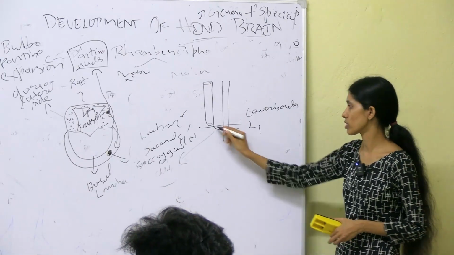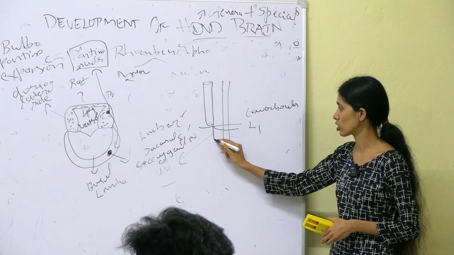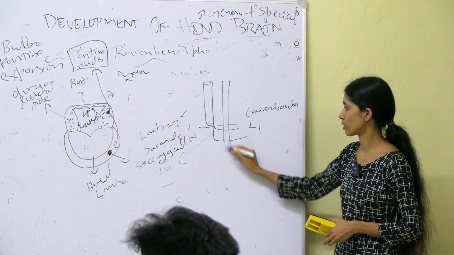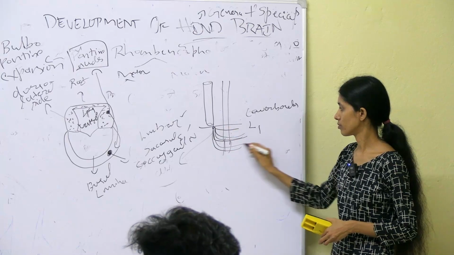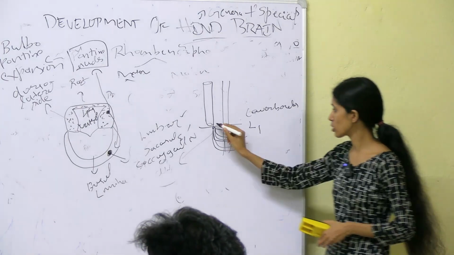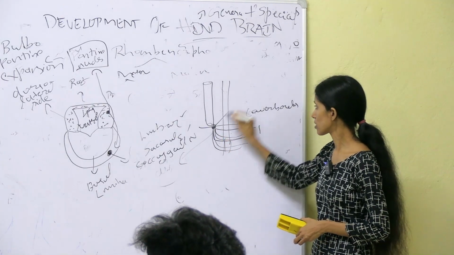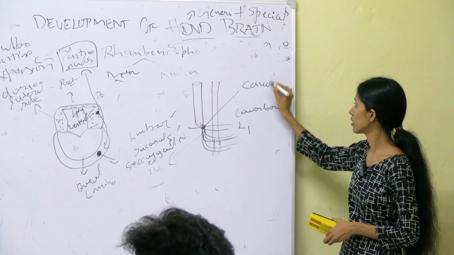So these nerves will start moving in the downward direction and also towards the lateral side like this. Okay, so this point, this is referred as cauda equina.